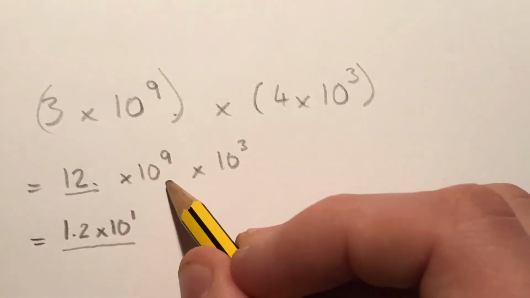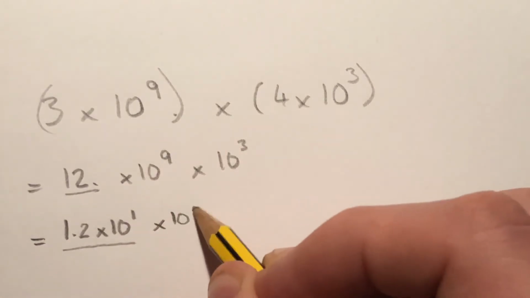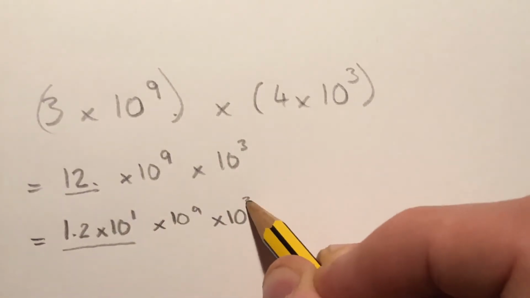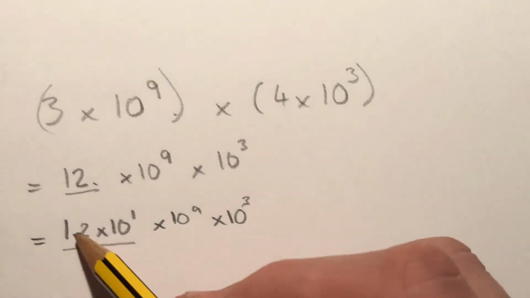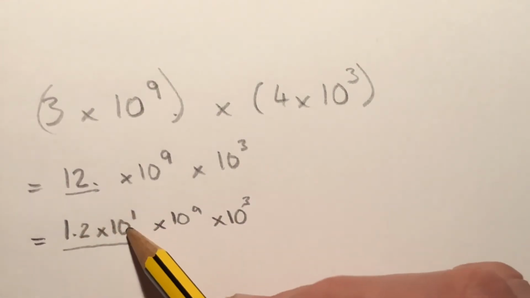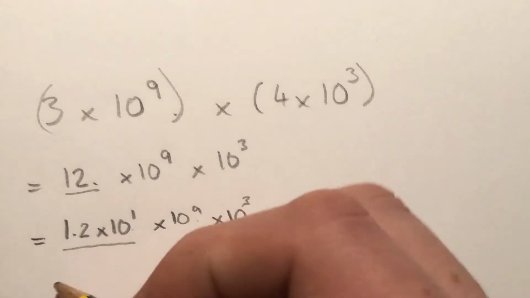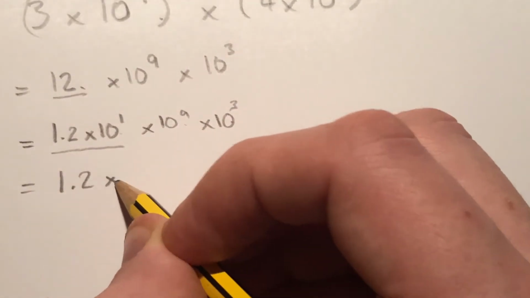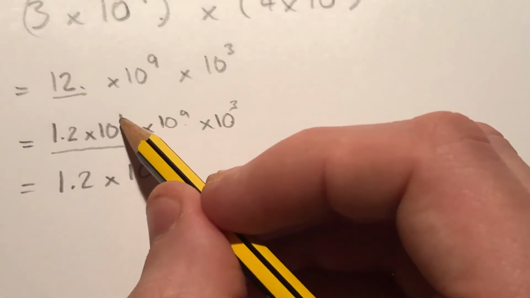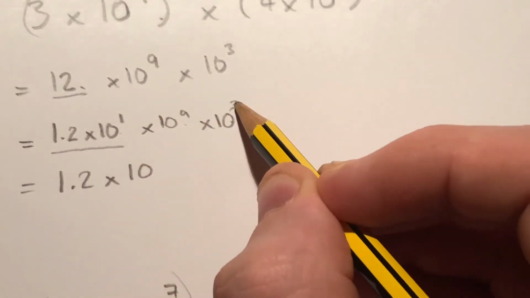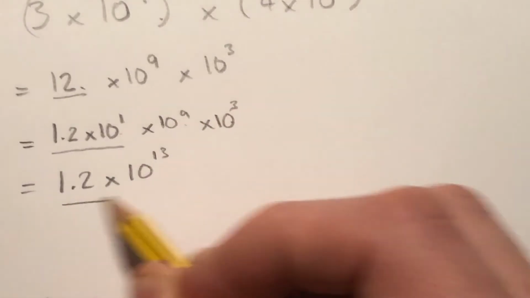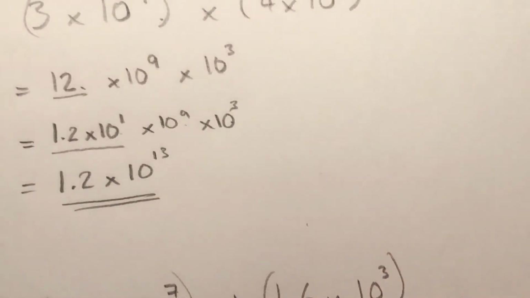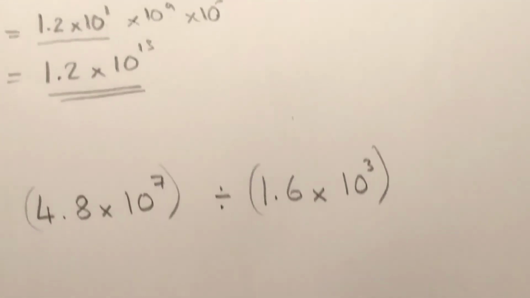I still have the times 10 to the power of 9 and the times 10 to the power of 3 to deal with as well. But now this is back in scientific notation, I can simply add the powers together again. So this is just going to be 1.2 times 10 to the power of 1 plus 9 is 10, plus 3 is 13.